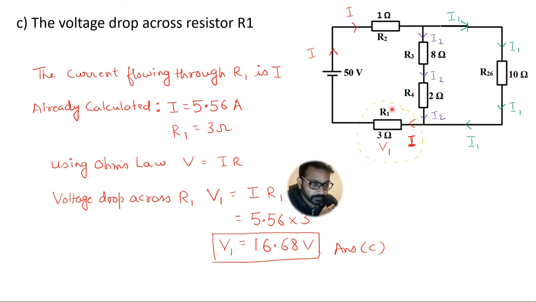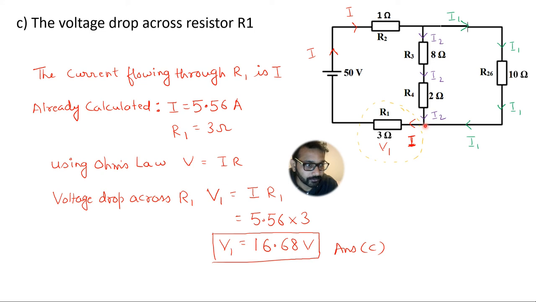R1 is here, and while tracing the flow of current in this circuit, what we have seen is that the current flowing through R1 is the supply current I. After getting split at this junction, the supply current gets split between two currents, and after flowing through the branches and the resistances, the two currents combine, right?